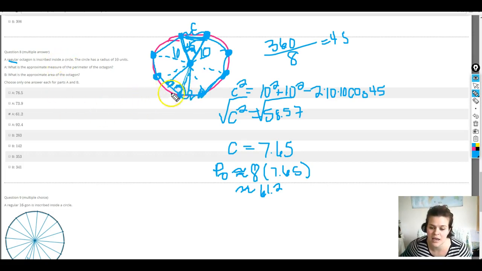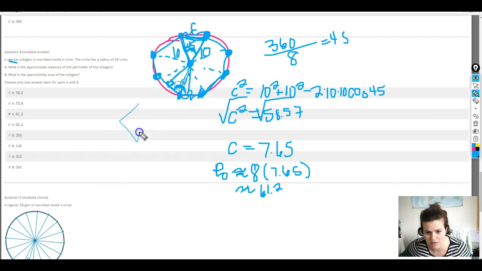And an octagon angle has an angle measure of 135 degrees. So if we find half of 135, it is 67.5 degrees. So in this little triangle right here, this would be 67.5 degrees.